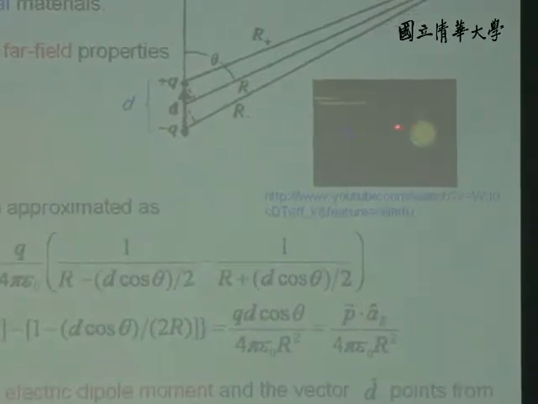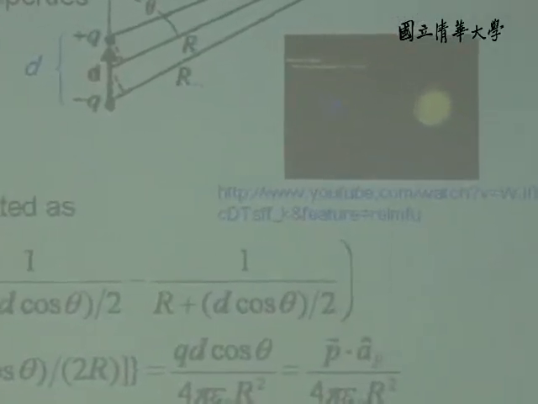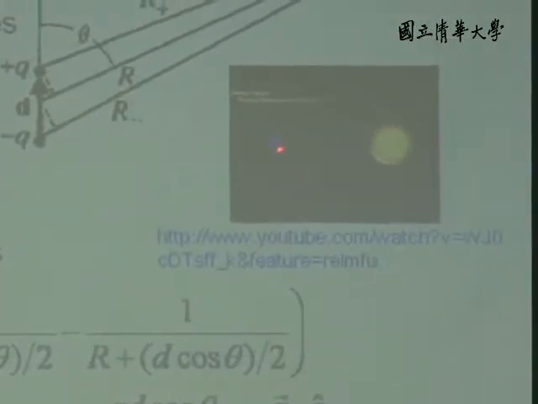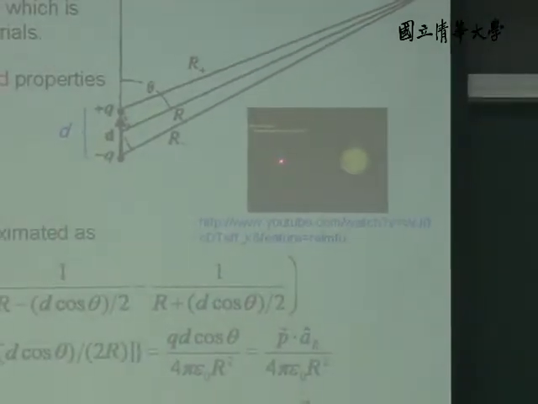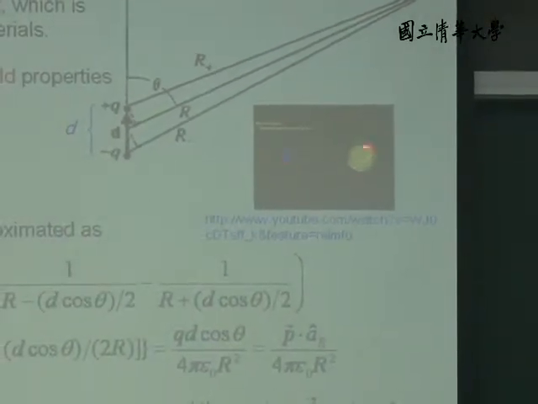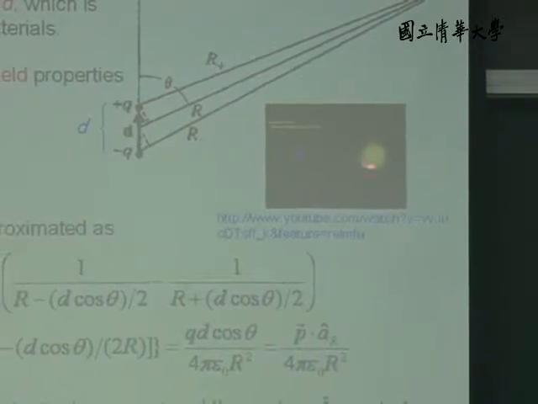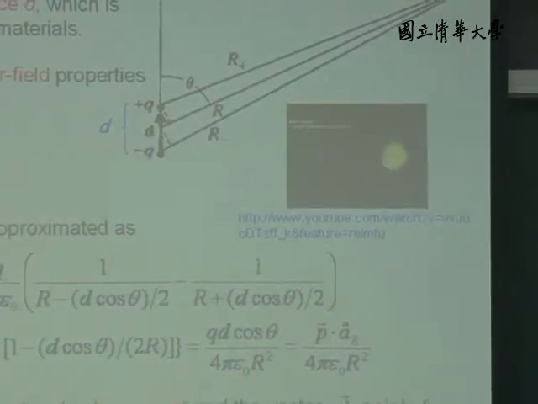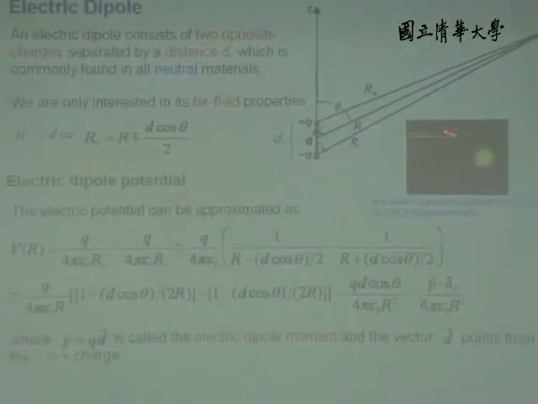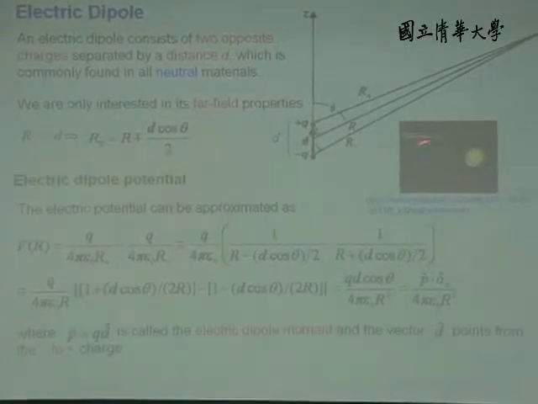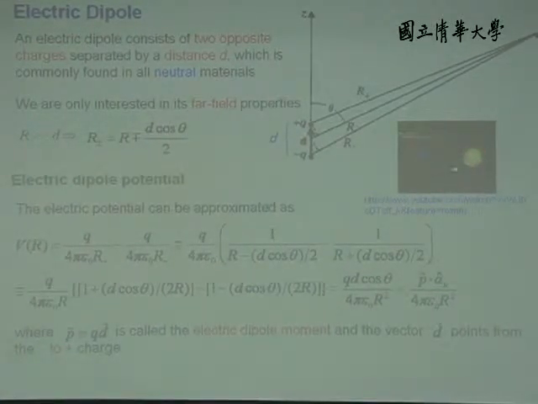When they get together, they are going to redistribute the charges because there's a positive charge inside, negative charge inside. The positive charge inside this atom is going to attract the negative charge inside this atom, and then you have redistribution of the charges to form this electric dipole. So there's a quite short animation of this kind of situation when two atoms approach each other. Then there will be a redistribution of the charges.